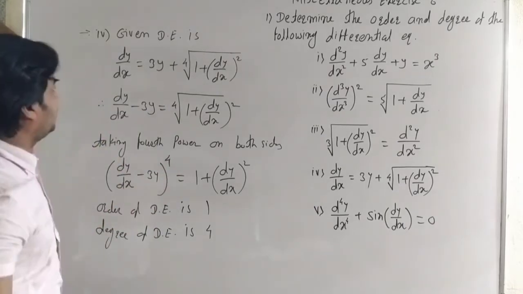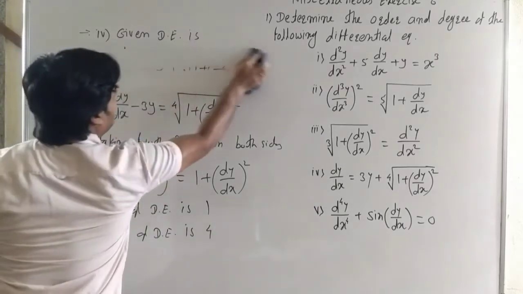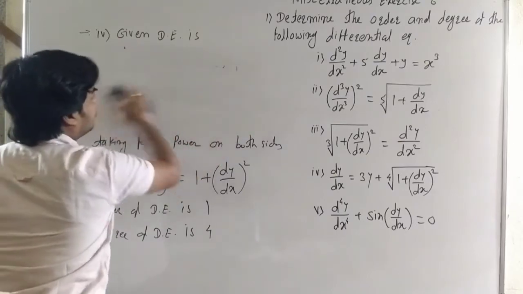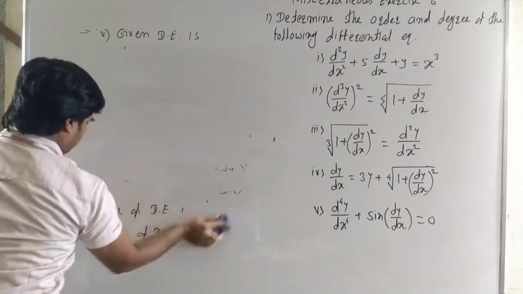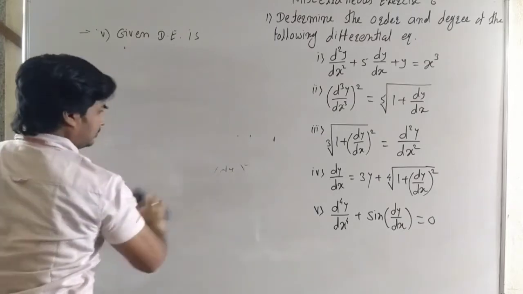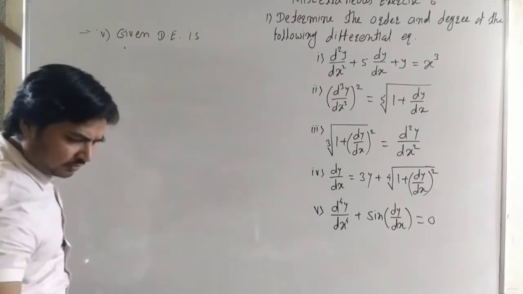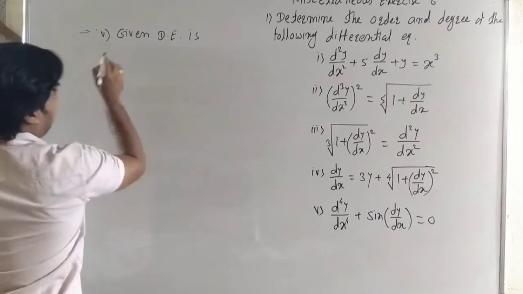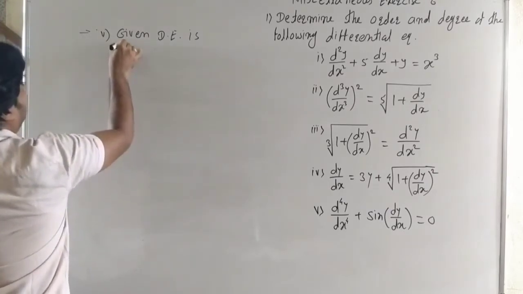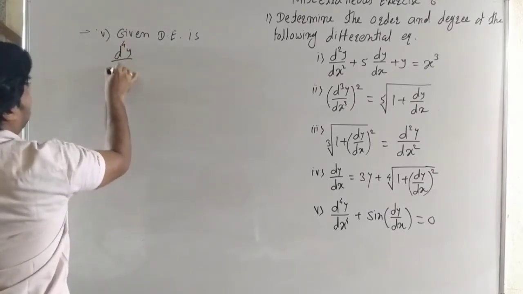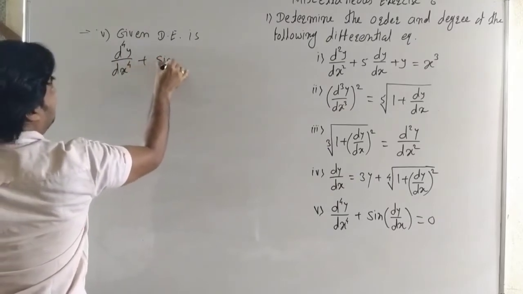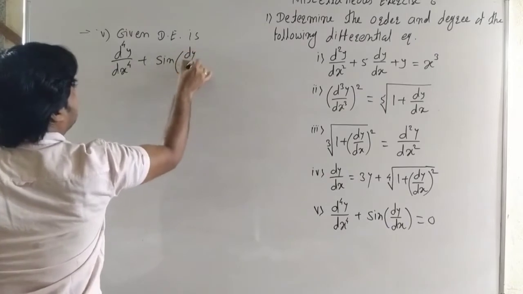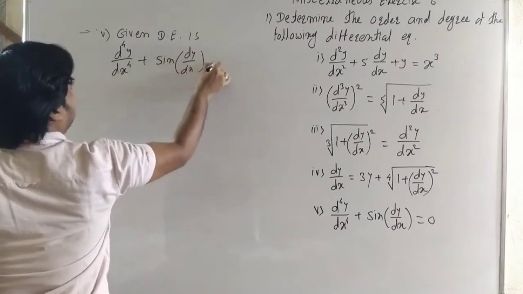Now the last example: d4y upon dx4 plus sine of dy by dx is equal to 0.